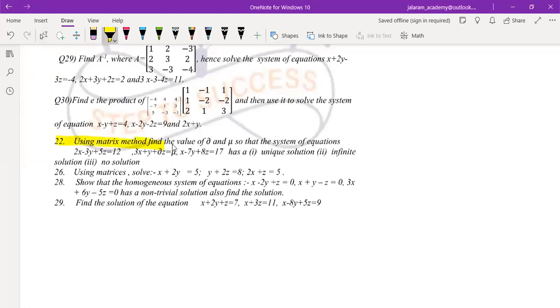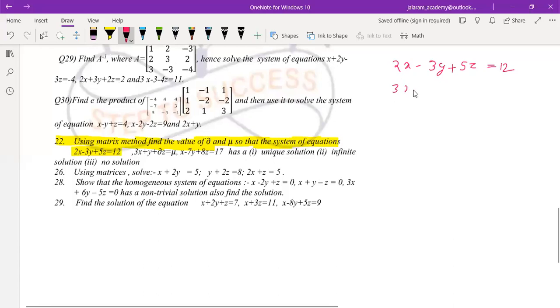Using matrix method, find the value of delta and mu so that the system of equations 2x minus 3y plus 5z equals to 12. So write it first of all: 2x minus 3y plus 5z equals to 12 is the first equation.